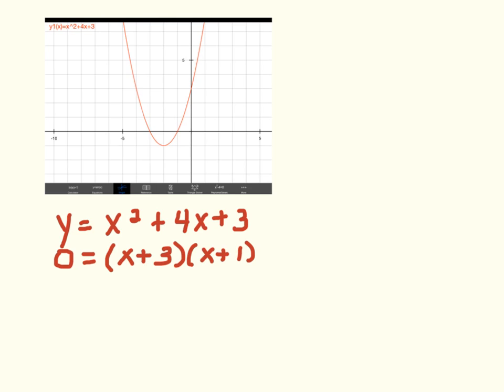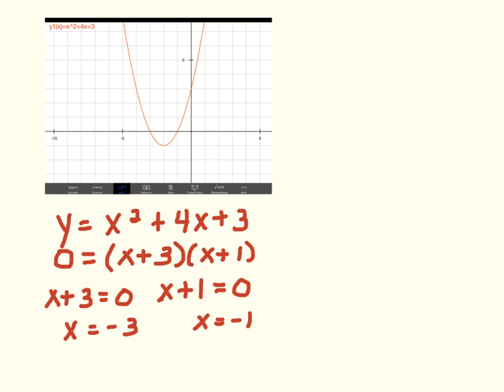And then we set each factor equal to 0. Since the whole thing is equal to 0, when we multiply the factors, that means each factor can be set equal to 0. So we get x is equal to negative 3 and x is equal to negative 1, which is what we noticed earlier when we noticed where the graph is crossing the x-axis.